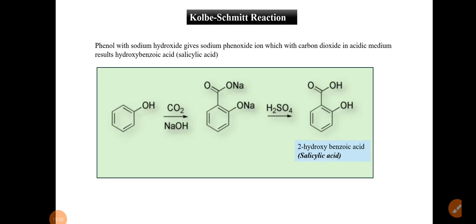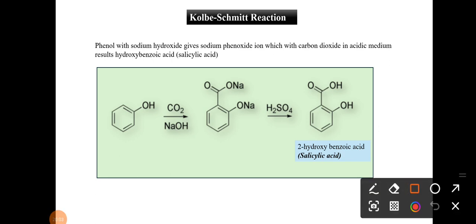Okay, the next one is the Kolbe-Schmitt reaction. Again phenol reacts with carbon dioxide and NaOH, forming the phenoxide ion, and you treat that phenoxide ion with H2SO4, and you again get 2-hydroxybenzoic acid, the salicylic acid, right? So phenol with sodium hydroxide gives sodium phenoxide, which with carbon dioxide in acidic medium results in hydroxybenzoic acid, or salicylic acid. Phenol first reacts with a base like NaOH, forming C6H5ONa, the phenoxide ion, right?